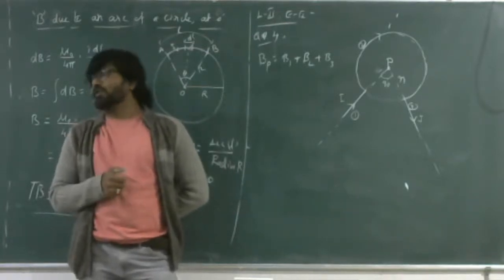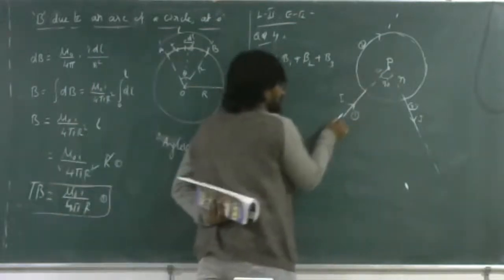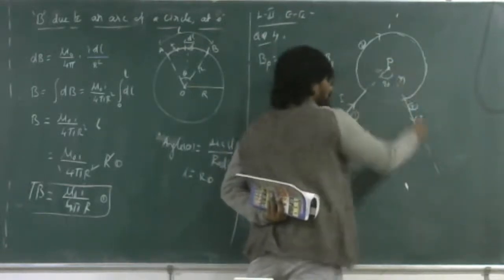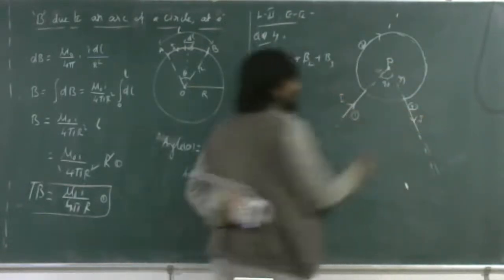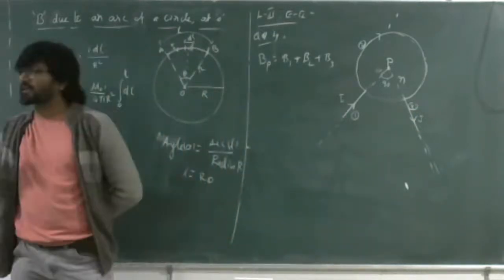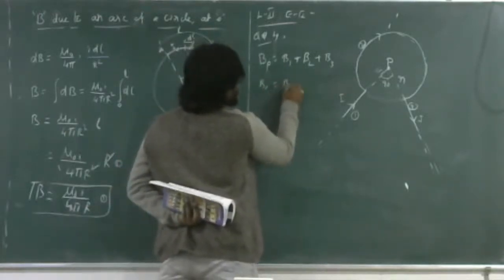Theta equal to 0, right? Here this point is lying along the axis of this conductor, and also on the axis of the third conductor. So B1 and B3 will not contribute any magnetic field. B1 is equal to B3 is equal to 0. Is it clear, everyone?